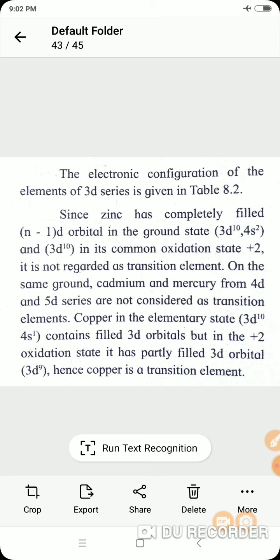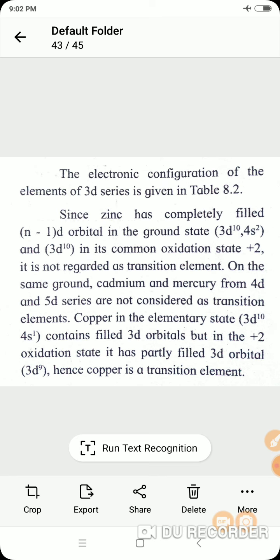As its configuration is complete, it is not regarded as a transition element. Similarly, in the 4d and 5d series, the last elements, cadmium and mercury, are also not considered transition elements, for the same reason.